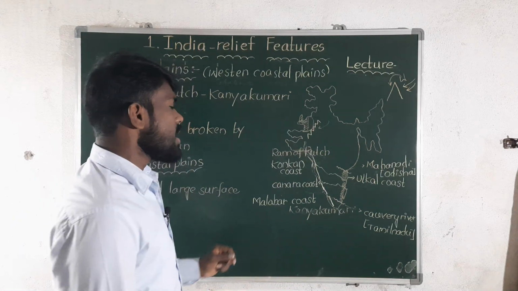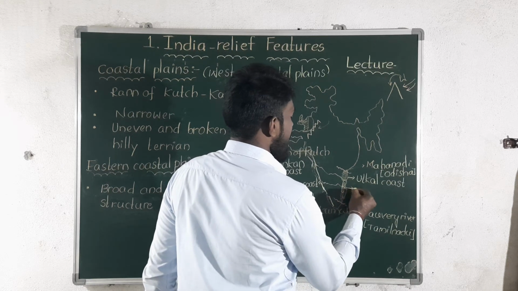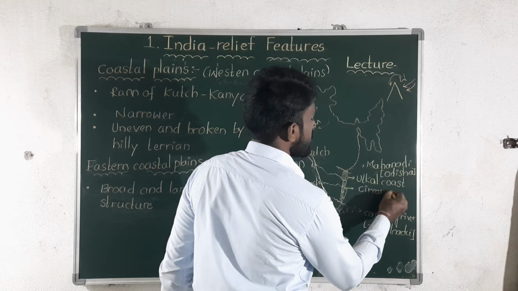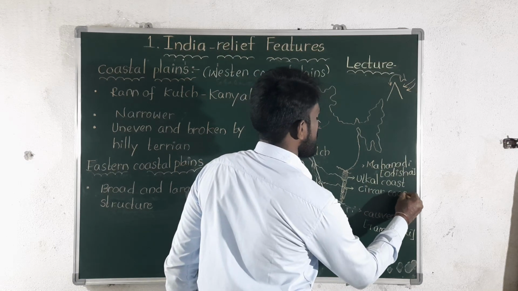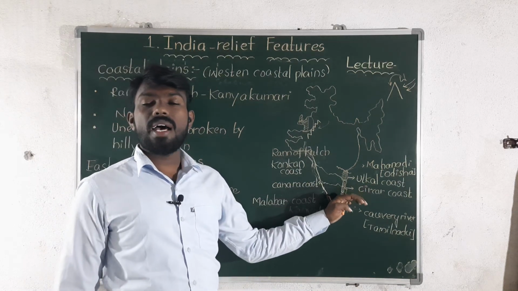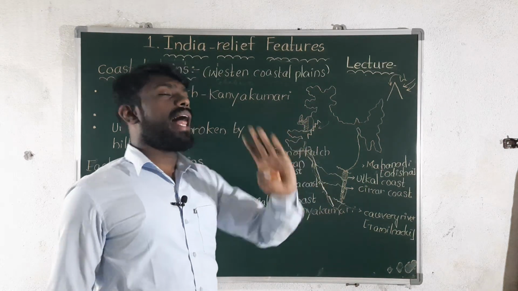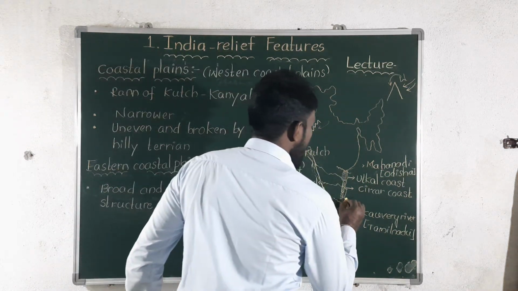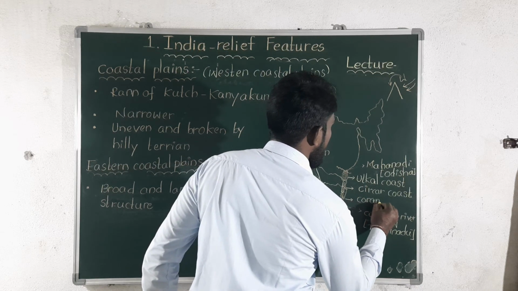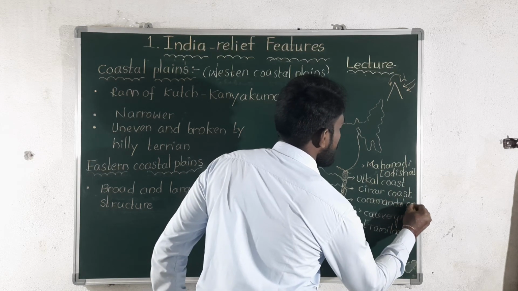And the next one, when coming to Andhra Pradesh, this is called the Sarkar Coast. And the southernmost one in the eastern direction is called the Coromandel Coast in Tamil Nadu.